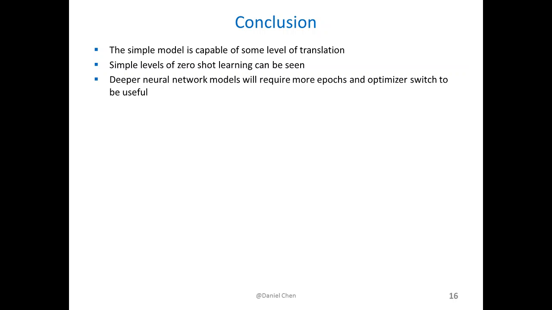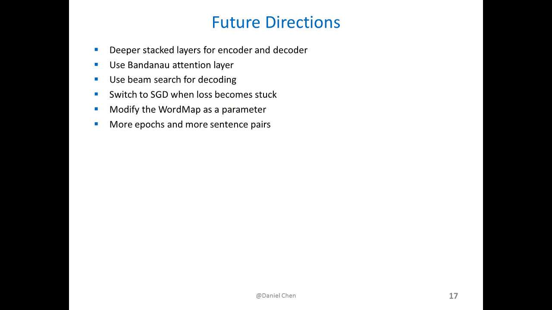And papers talked about switching optimizer if nothing was changing during a certain number of epochs. That might also be very helpful. Future directions would have made this really good. Definitely deeper stacked layers. I feel like for the encoder decoder, they definitely will be very useful long term.